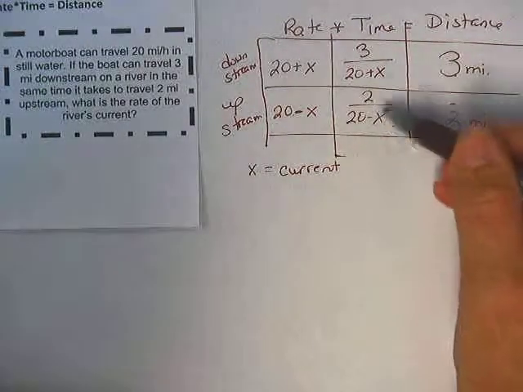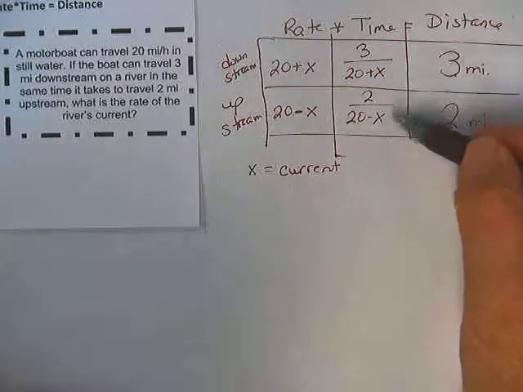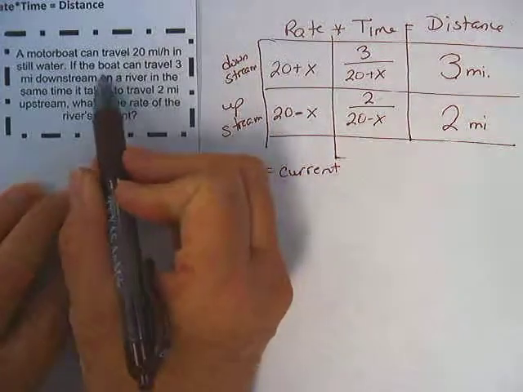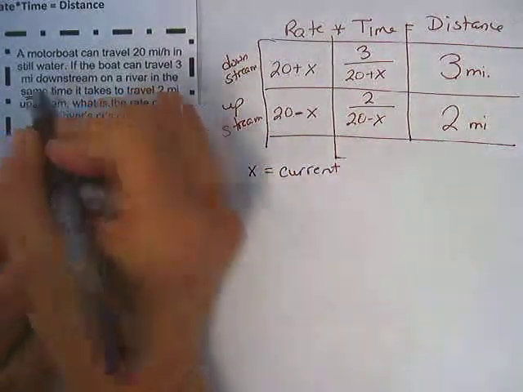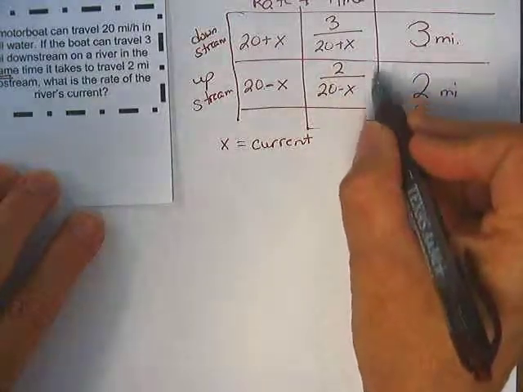The other thing we need to look for in the problem is, what about these times do we know? Do they equal each other? Do they add together to give us some number? So we come back over here and it says, if the boat could travel 3 miles downstream on a river in the same time, so same tells us they're equal.